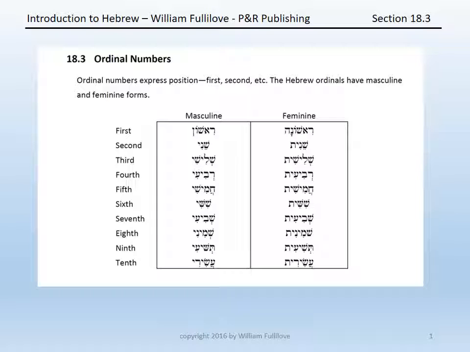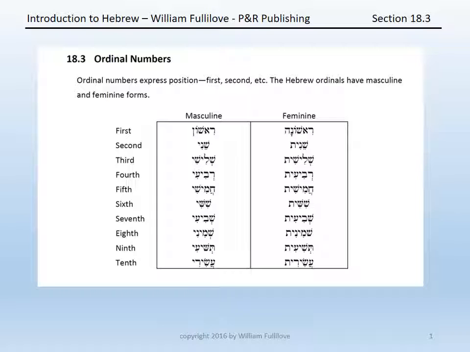Starting with the masculine forms, we have Rishon, Shani, Shalishi, Ravi'i, Chamishi, Shishi, Shavi'i, Shemini, Tushi'i, Asiri.